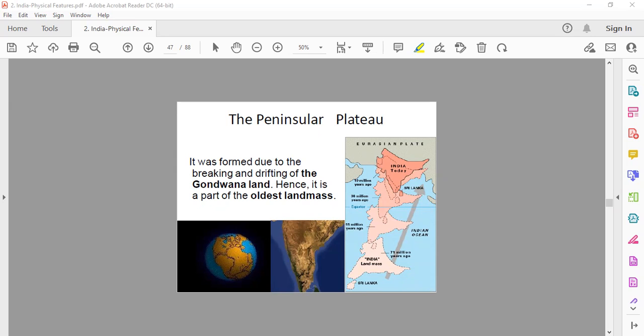It was formed due to the breaking and drifting of Gondwana land. Hence, it is a part of the oldest landmass. Once a part of Gondwana land.